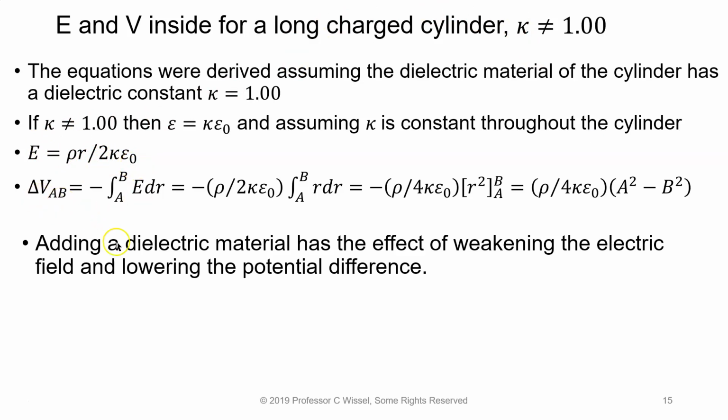And for delta VAB, all you have to do is substitute kappa epsilon naught everywhere you had an epsilon naught. So it becomes minus rho divided by 2 kappa epsilon naught times the integral from A to B of R dr. And of course, that becomes minus rho divided by 4 kappa epsilon naught times R squared evaluated from A to B. And if you put in the limits, this becomes rho divided by 4 kappa epsilon naught times the quantity A squared minus B squared.